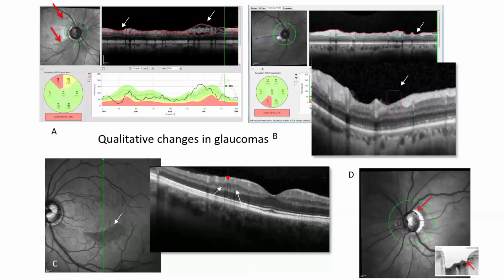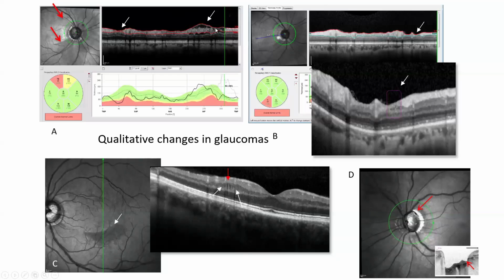But there are also qualitative changes we find in our B scans or infrared images in the Spectralis. We see nicely the loss of nerve fiber layer as a darker area in contrast to the healthy nerve fibers on the infrared picture. We encounter also a splitting of the nerve fiber layer in interaction with the vitreous body and the limiting membrane.